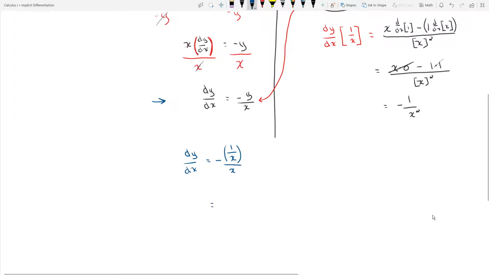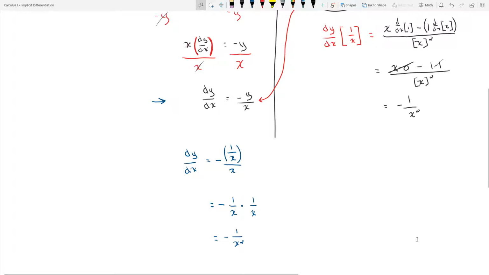And then let's multiply by the reciprocal of the denominator, and we have negative 1 over x multiplied by 1 over x, and that gives us negative 1 over x squared.